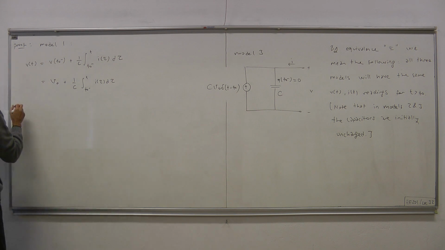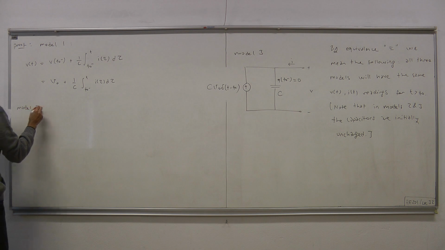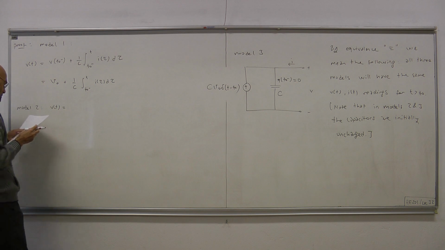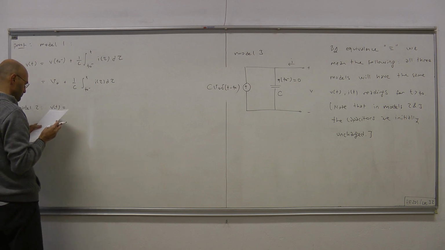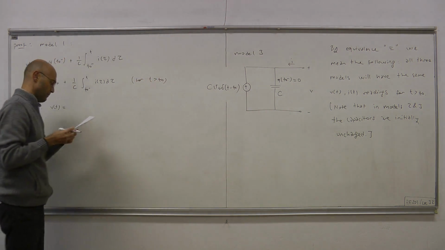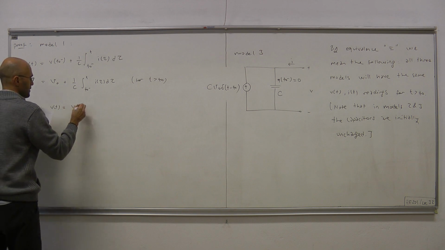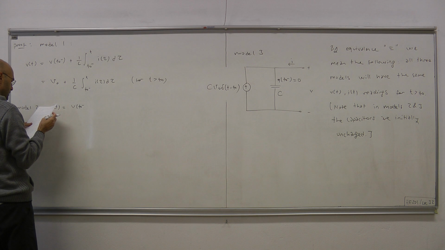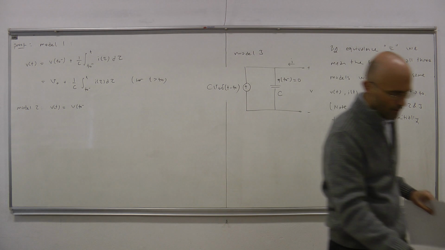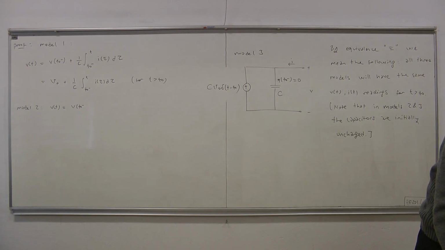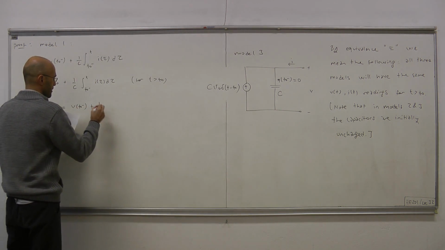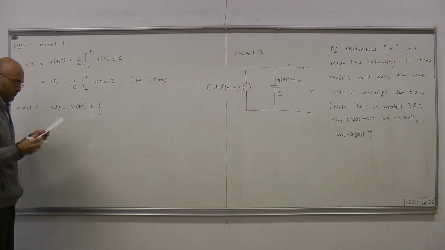Let's move on to model 2. Okay. v(t) this time equals, for t larger than t0, v(t0 minus) plus Vc.